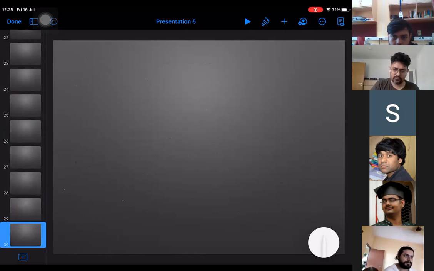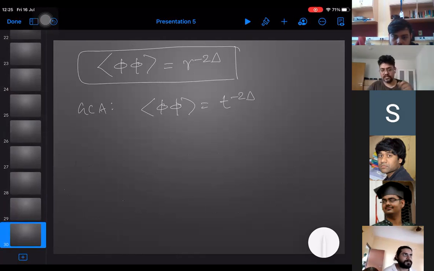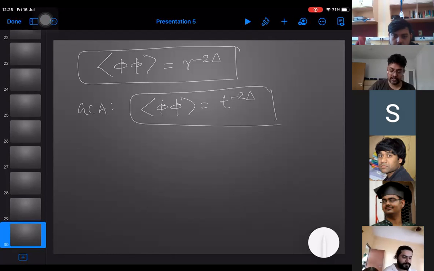Just one more thing: for the scalar field theory, if you try to find a 2-point correlation function, in this case it is basically in the radial direction. As you can see, in the GCA case, as we discussed yesterday, the correlation function is time dependent, but here it is space dependent. So there are 2 different limits, and I wanted to show the difference between them with a small example.